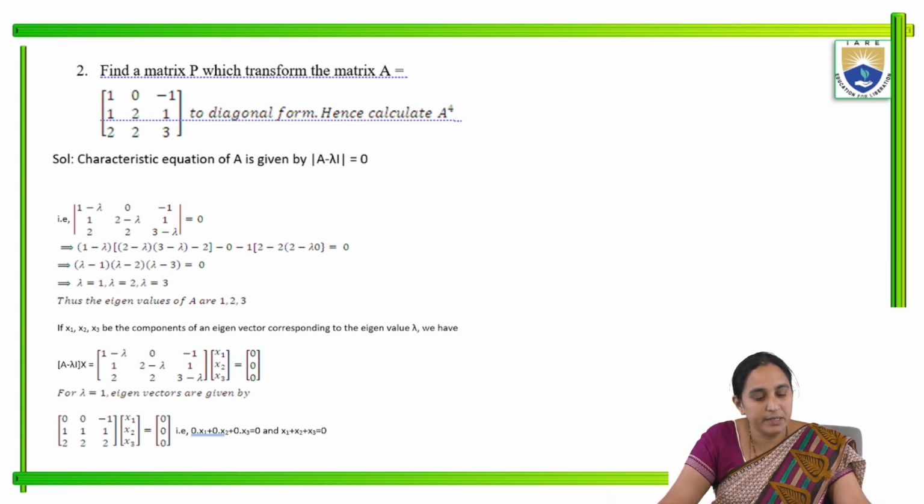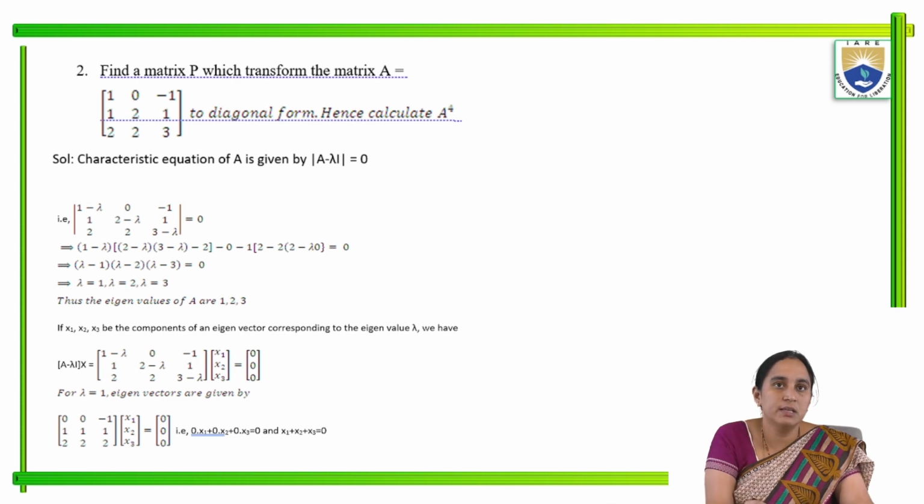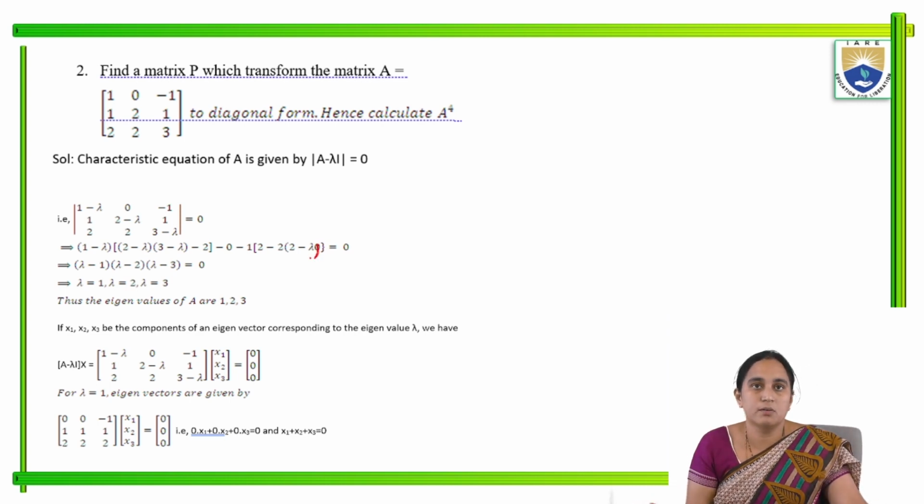Write it as an equation. Expanding along the first row, from the determinant we get one equation: (1 minus lambda) into (2 minus lambda)(3 minus lambda) minus 2, minus 0, minus 1 into (2 minus (2 minus lambda) times 2 minus 1...) bracket, is equal to 0.